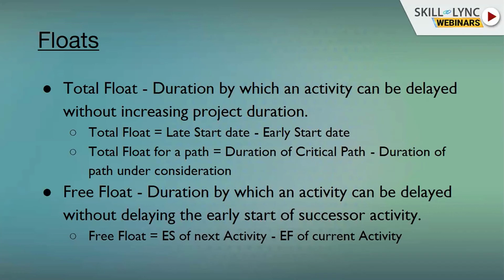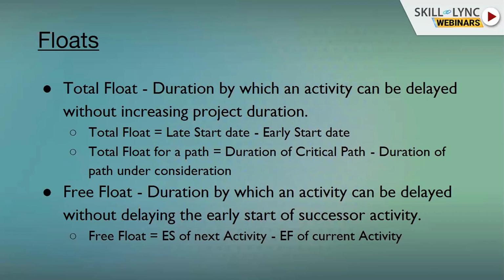It can be calculated in two parts. First is total float for an activity, and second is total float for a path. Total float for a path is calculated simply by subtracting the duration of the path from the duration of the critical path. Secondly, the total float for an activity is given by late start minus early start.